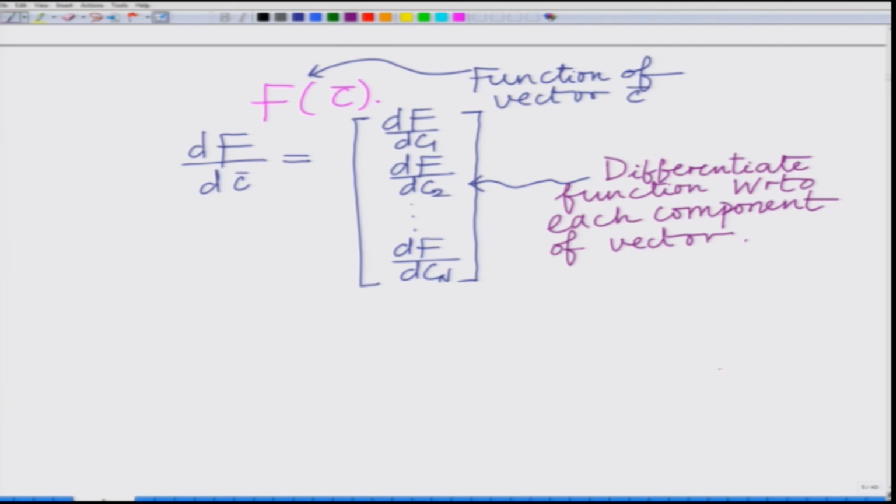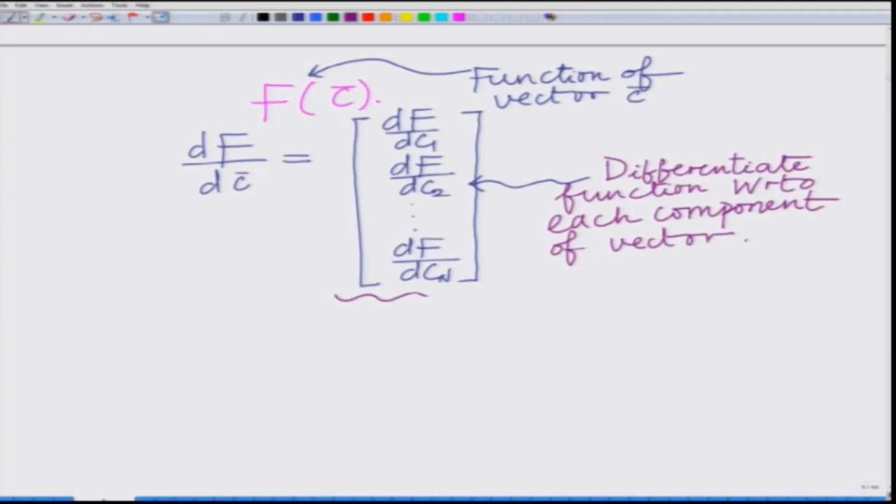That is, if we have a function f of C bar, I have to differentiate this function with respect to each component of this vector C bar. So, if C bar is an n dimensional vector, because I have to differentiate with respect to each component, I will get n components.